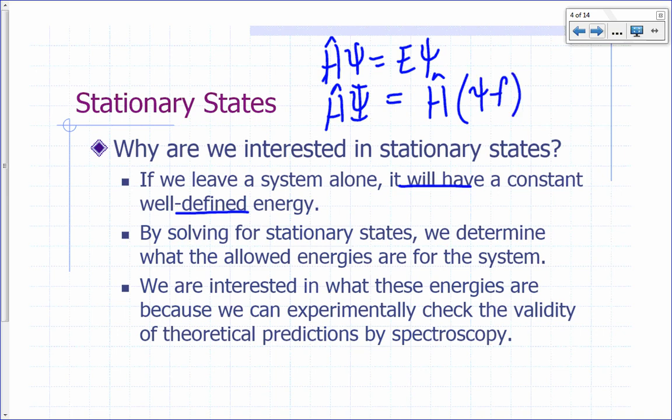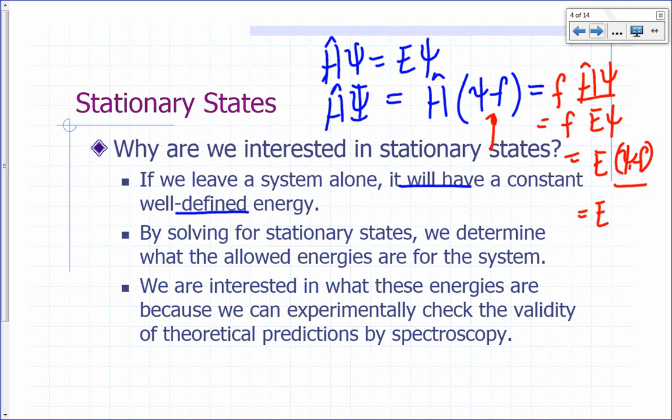But as far as H hat is concerned, since it doesn't affect time, this f right here is just a constant, so you can factor that out. So that's f times H hat little psi, which is just f times E psi, since H hat psi is E psi. And that's just E times psi times f, which is just E times big psi.